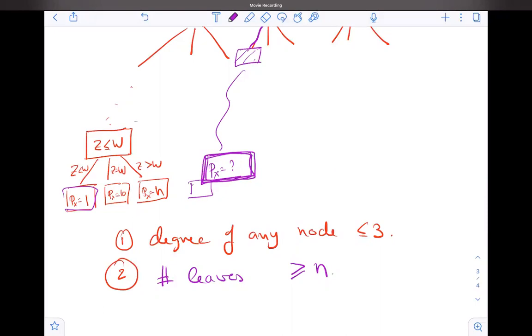So this leaf says that, okay, I have done it, and this number should be between 5 and 6. That's it. So if each leaf talks about a position, and how many positions are there? n plus 1. So the number of leaves has to be at least n plus 1. Is this clear now?